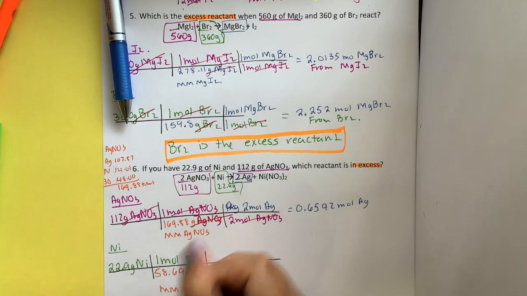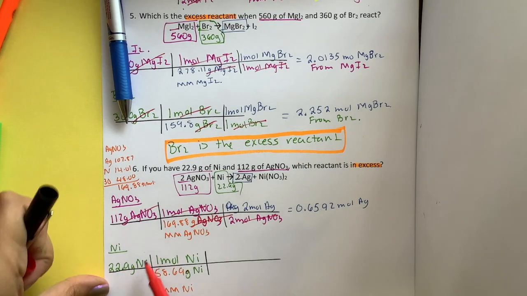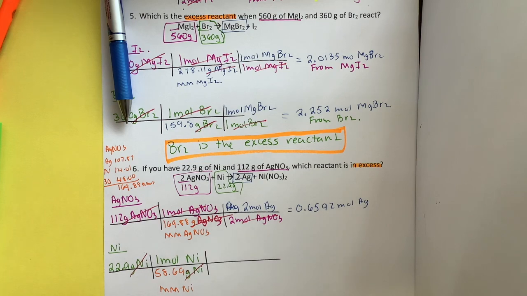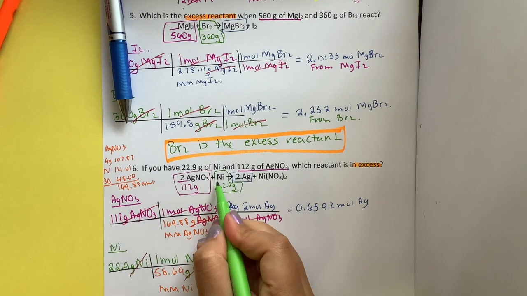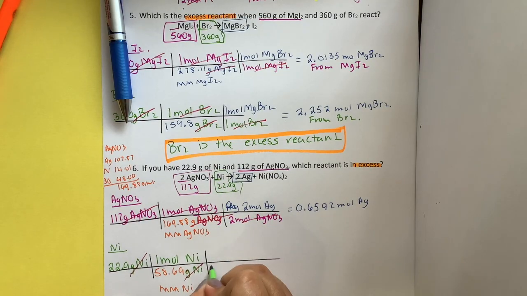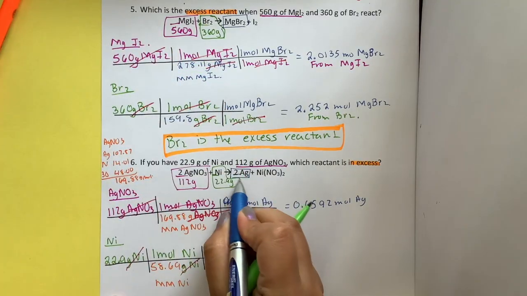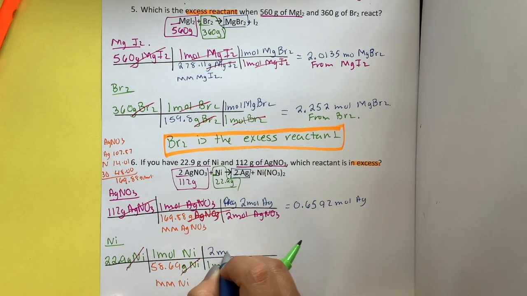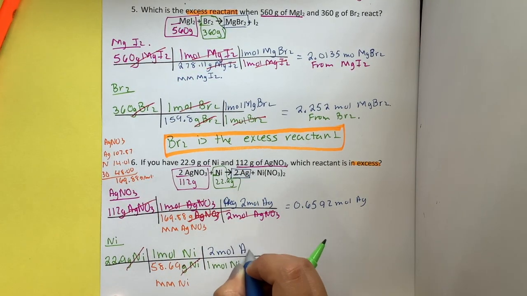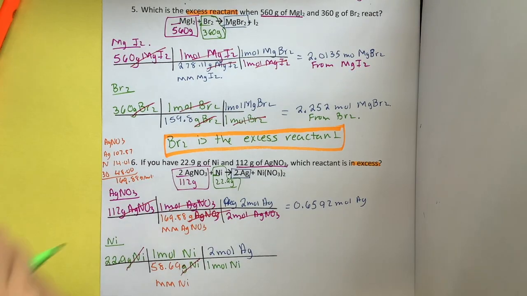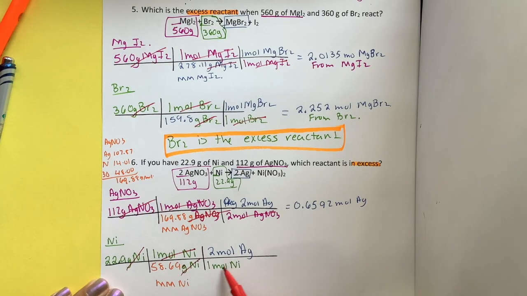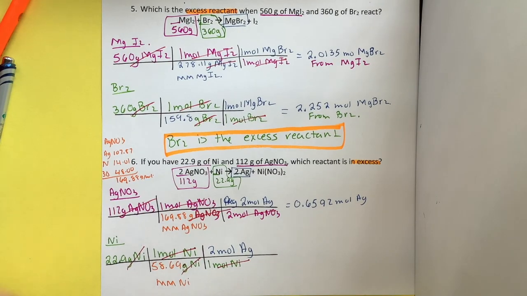Okay, now that I am in moles, because the grams get canceled out, I can use a mole ratio. According to my equation, there's no number in front of nickel. That means that I have 1 mole of nickel for every 2 moles of silver. The moles of nickel get canceled out. Now I'm left with moles of silver.